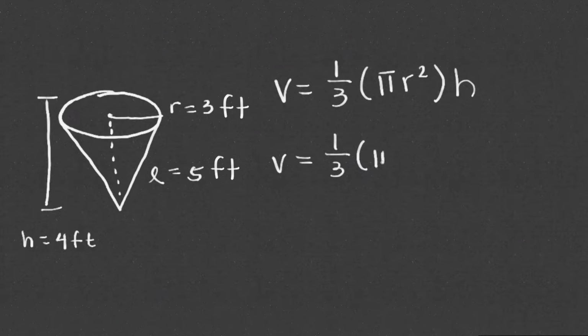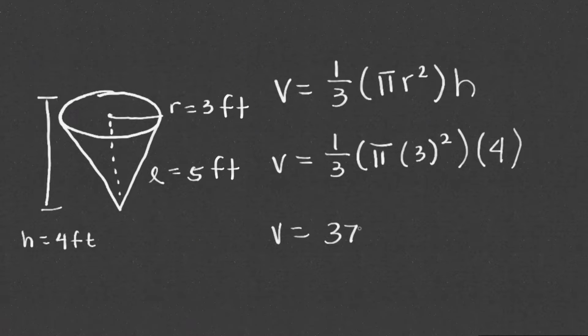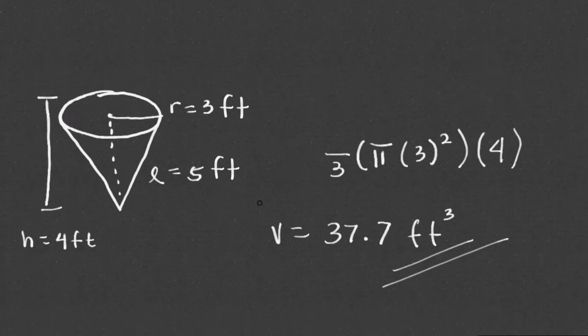So V is equal to 1/3 times pi and the radius of 3 feet squared times the height of 4 feet. Therefore, the volume of the cone is 37.7 feet cubed. Now we know the volume of the cone.